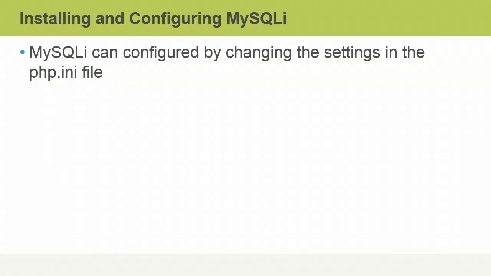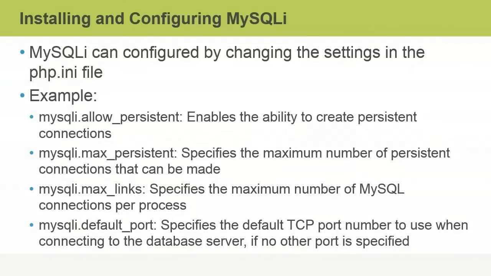MySQLi can be configured by changing the settings in the php.ini file. For example, mysqli.allow_persistent enables the ability to create persistent connections. mysqli.max_persistent specifies the maximum number of persistent connections that can be made. mysqli.max_links specifies the maximum number of MySQL connections per process. mysqli.default_port specifies the default TCP port number to use when connecting to the database server if no other port is specified.